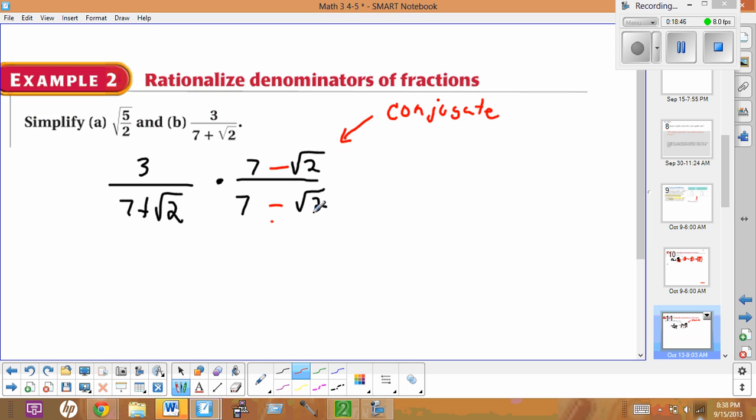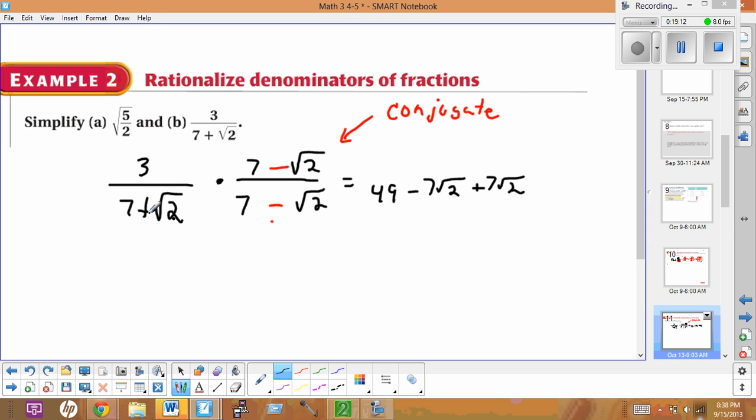Now if we think back to factoring, we can see that the reason we need the conjugate is, well, when we multiply these together, 7 times 7 is 49. 7 times negative square root of 2 is negative 7 square roots of 2. Square root of 2 times 7 is positive 7 square roots of 2.